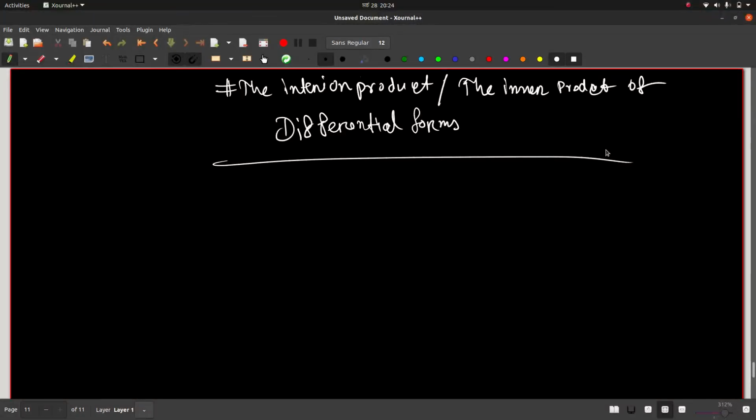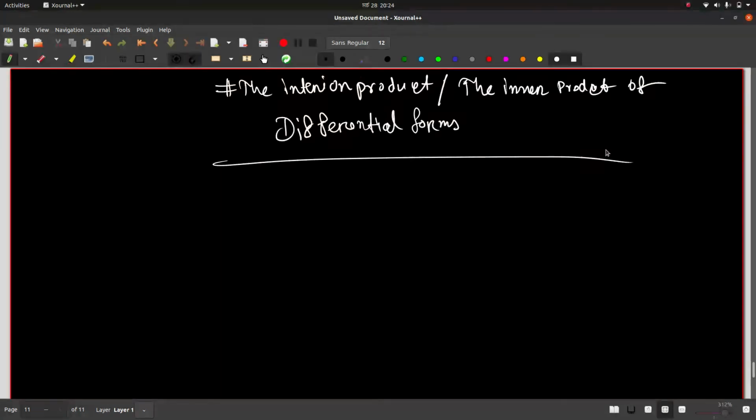As you can already guess from the name, it's kind of similar to the dot product, because we have been saying this interior product is kind of similar to a dot product where you take some stuff, you do something and you get some number, right? But it turns out that when you take different interior products of differential forms, it's not necessarily the same thing. So that's why I would like to call it the interior product, so that we don't get confused with the inner product of the things that we see in the vector space.